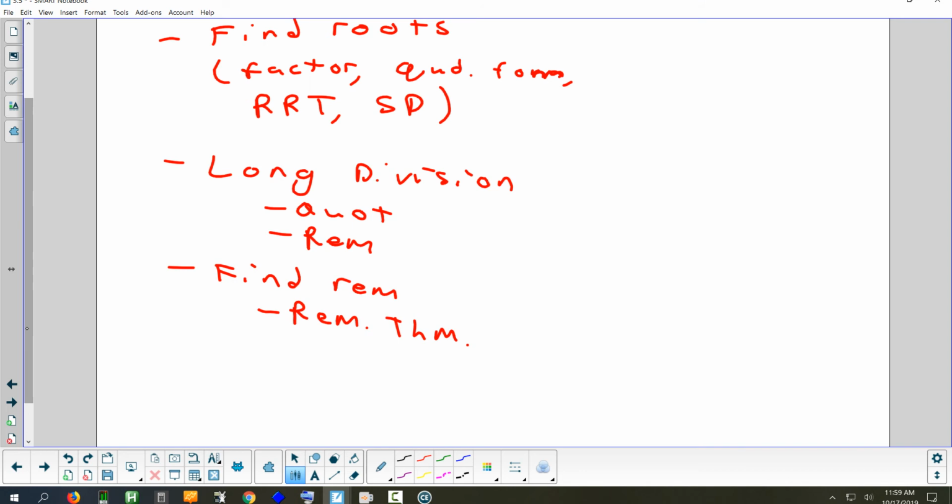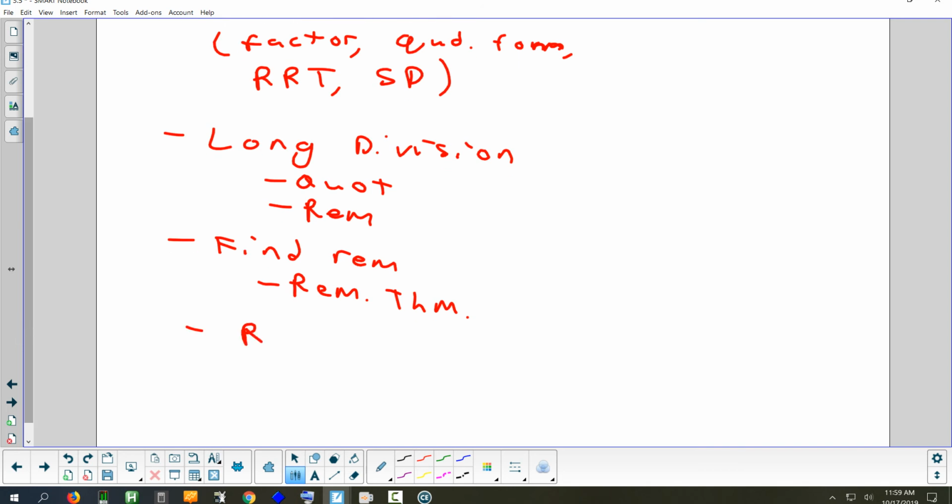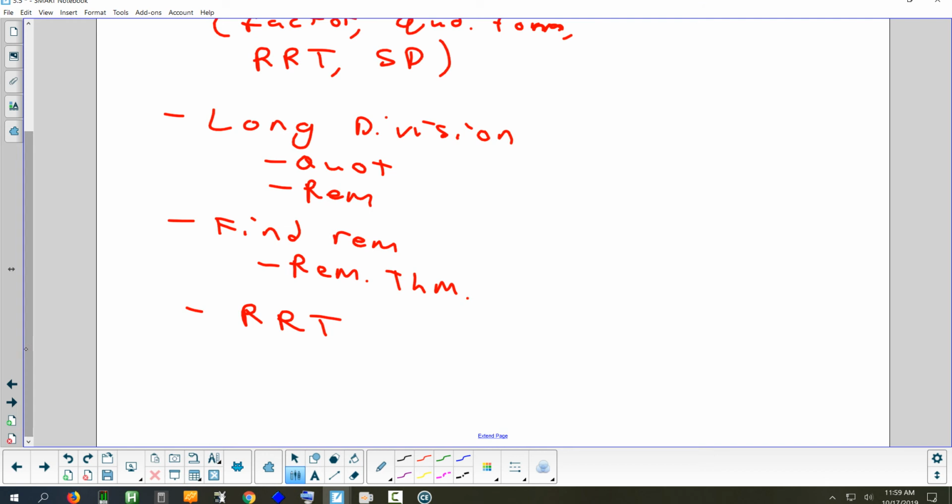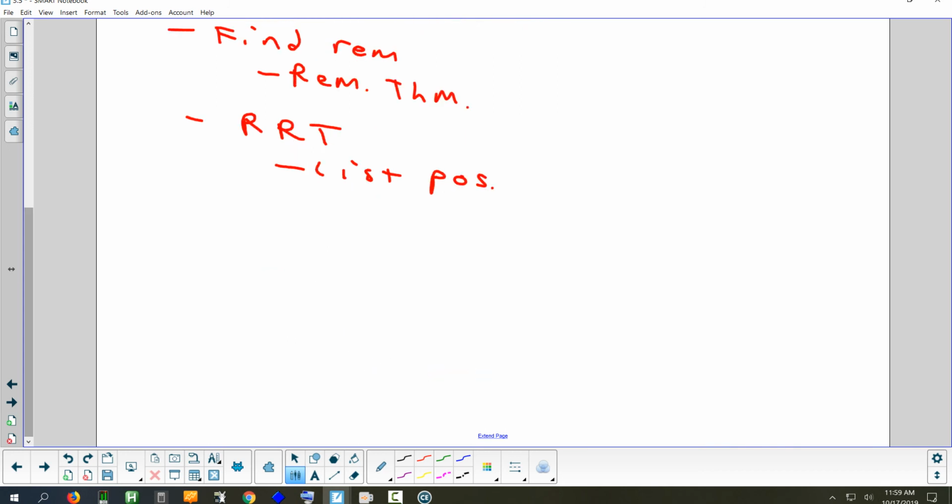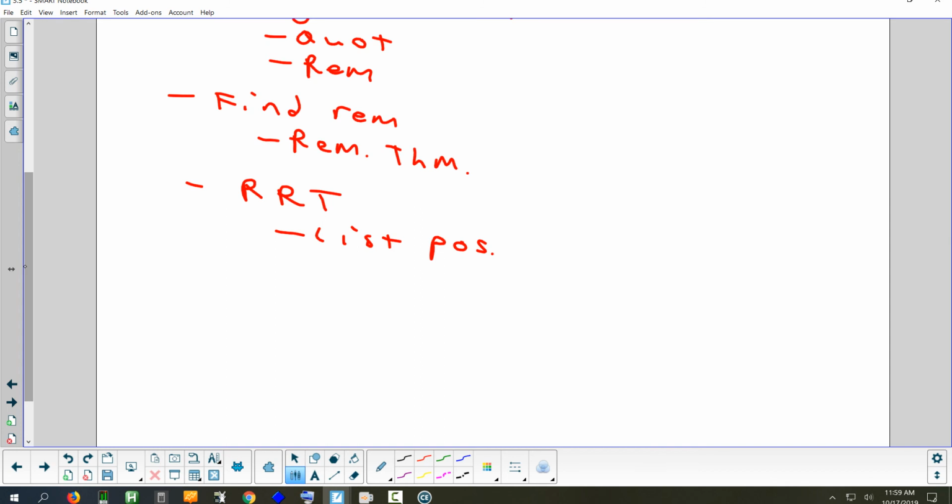Rational root theorem, I already wrote that down. But just to give you a little more detail, I'm going to ask you basically to do three things with this. First thing, I'm going to ask you to list possibilities. You're going to make a list of everything that's a possibility. Then I'm going to ask you to narrow down the list. How do you narrow it down? You use your graphing calculator.